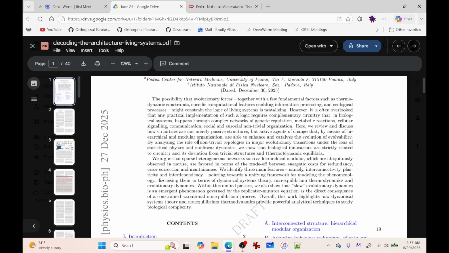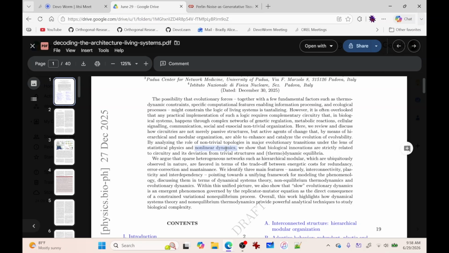By analyzing the role of non-trivial topologies in major evolutionary transitions under the lens of statistical physics, again, we're using statistical physics and nonlinear dynamics, which is the theory of computing trajectories for things and looking to see if there are attractor basins, meaning if things have a tendency over the course of those trajectories, and then analyzing that in the context of continual measurement.